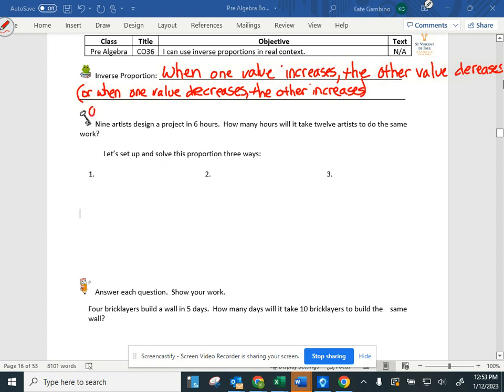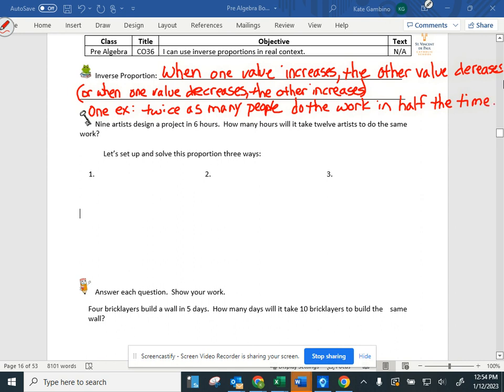One example. Twice as many people do the work in half the time.